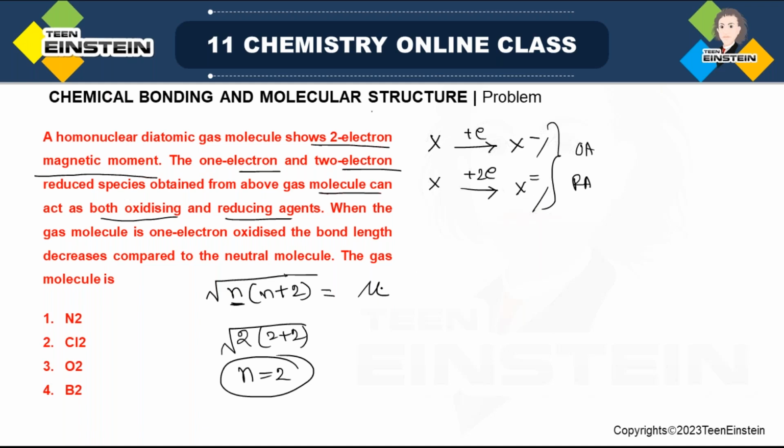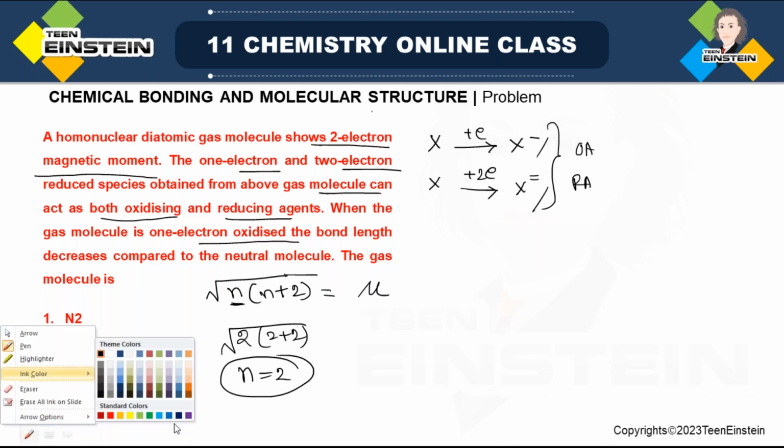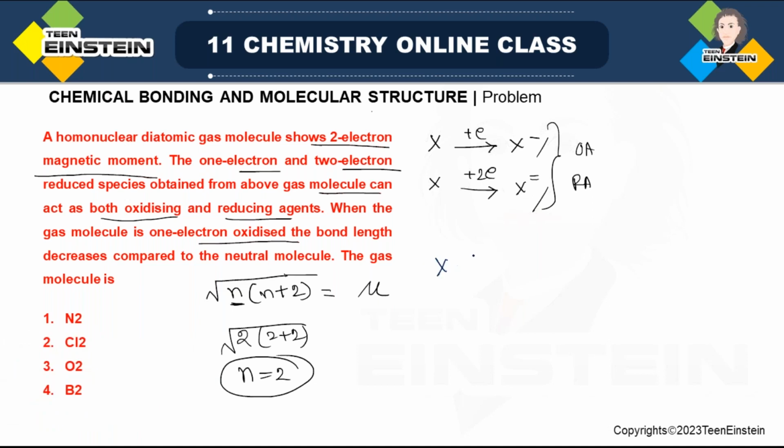The third information: when the gas molecule is 1-electron oxidized. So now what you are doing? Now you are doing some oxidation process, so you are removing an electron, you are getting X plus. I can write it here too because all the species are diatomic.